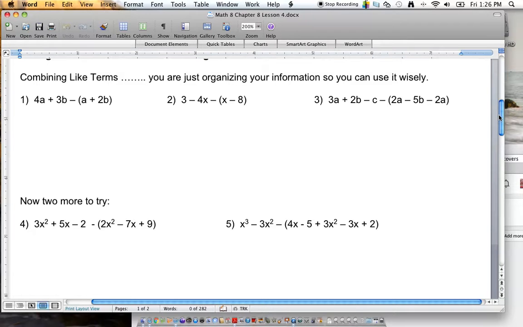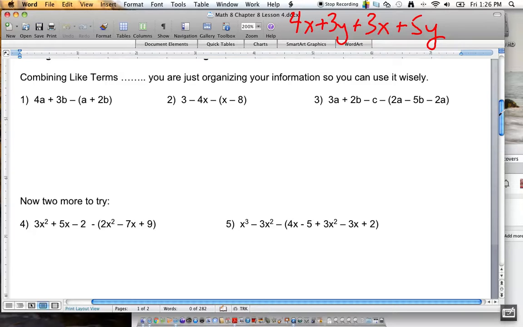Okay? So, a very typical one, a little easier one, would be something like this. 4x plus 3y plus 3x plus 5y. Now, how many x's do I have here all together? How many?